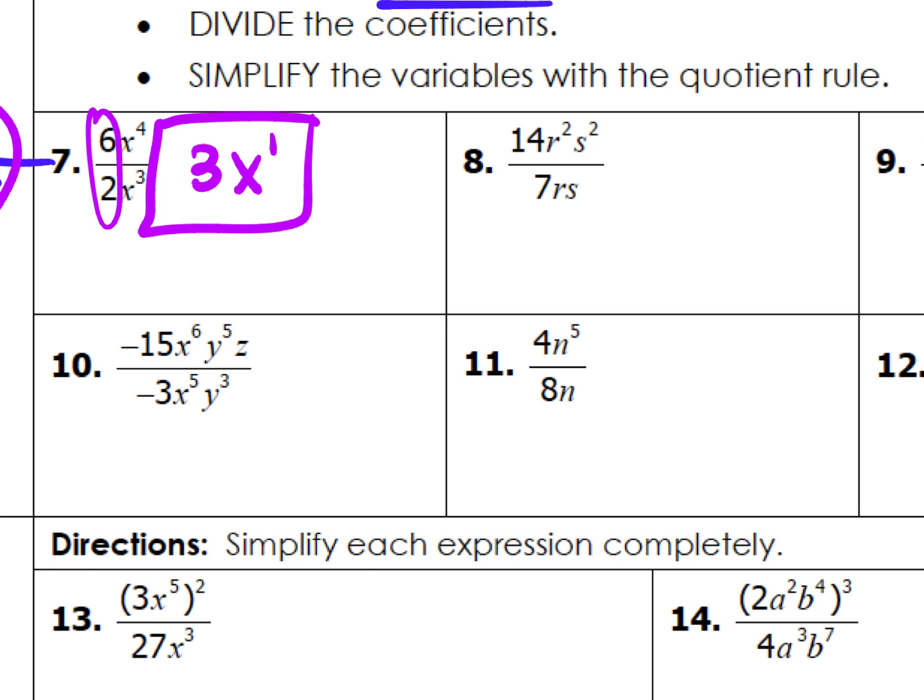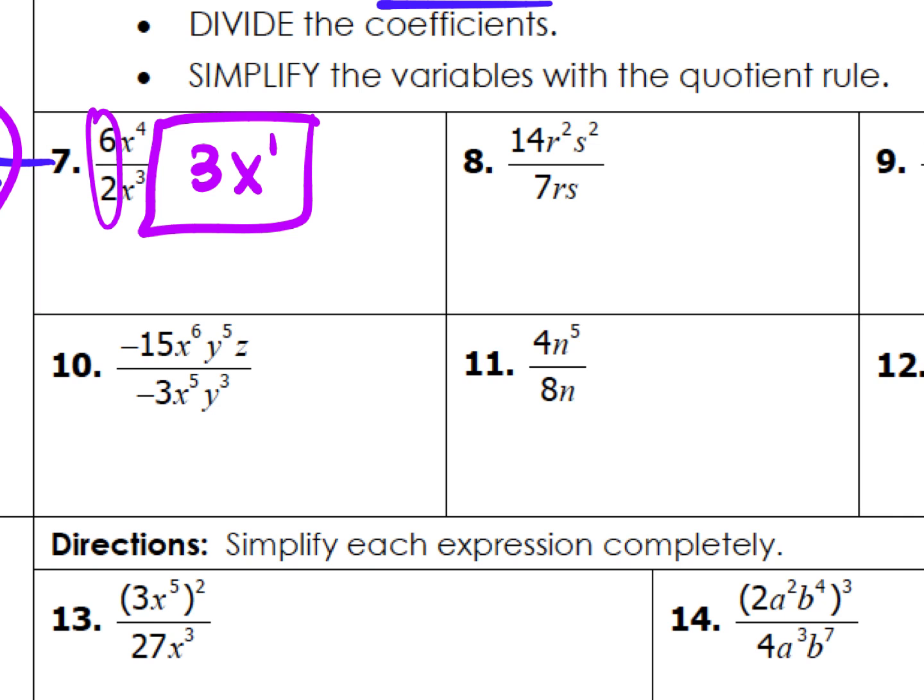On bottom you have r to what power? Okay, what'd you get? I got 2rs.